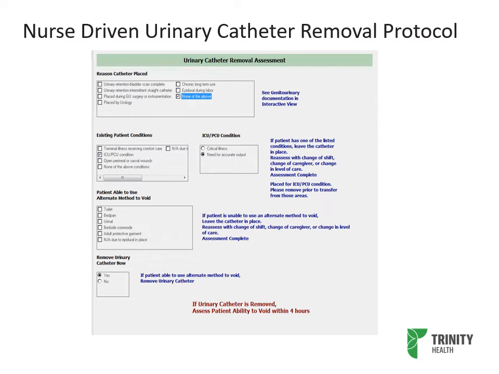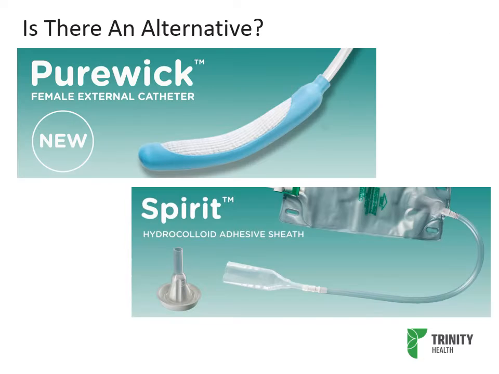So we do have a nurse-driven urinary catheter removal protocol. This is the form that contains the appropriate reasons that were on the previous slide, and it is to be assessed twice a day, so every 12 hours you'll be filling this out. That is one way we can keep track of necessary placement.